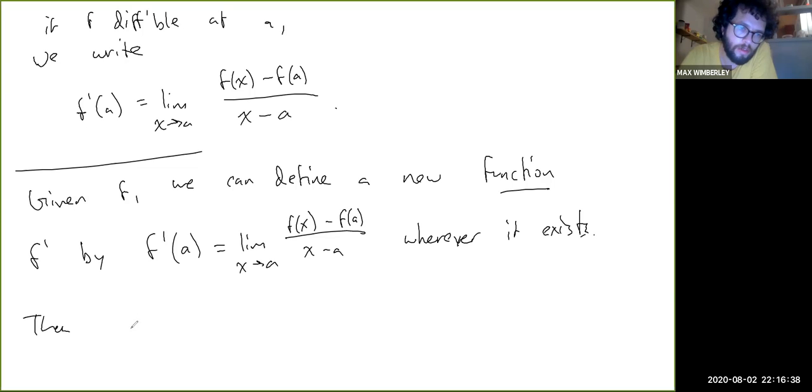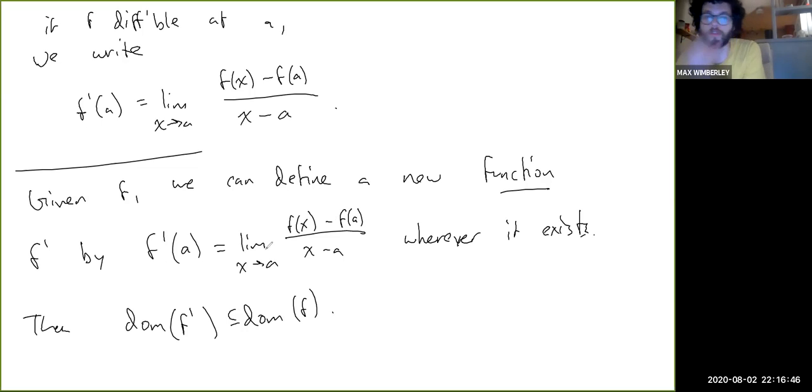Then the domain of f prime is a subset of the domain of f, of course. This is all just formalities. Here you can think of f prime of a as a single symbol, but I'm really telling you that f prime itself is a function in its own right, which just returns the value of this limit wherever that limit happens to exist.